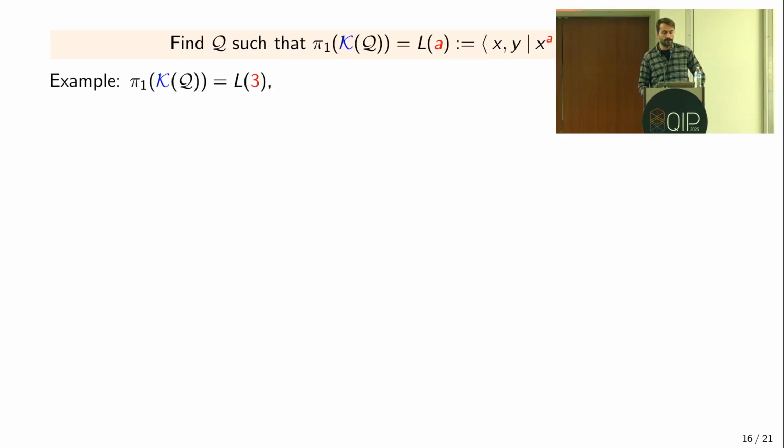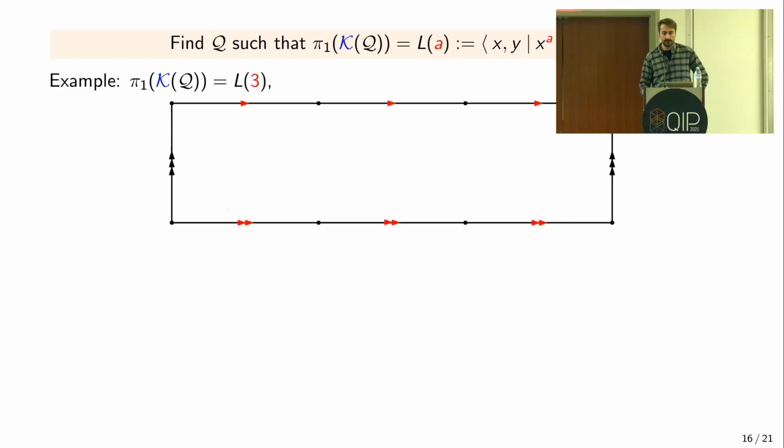So let's look at the case L of 3. So this is a space which has L3 for fundamental group. So here you can imagine that there is a polygonal face in between. And 3 is because we have 3 identifications on the top and 3 identifications of edges on the bottom.